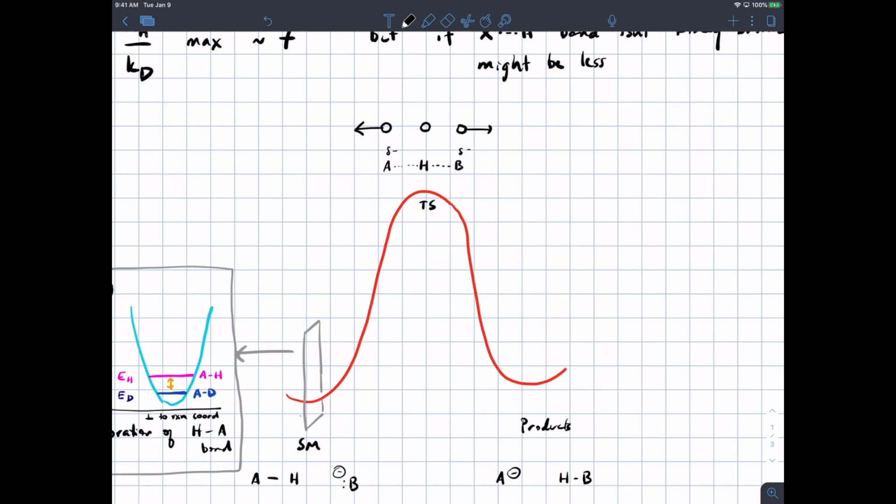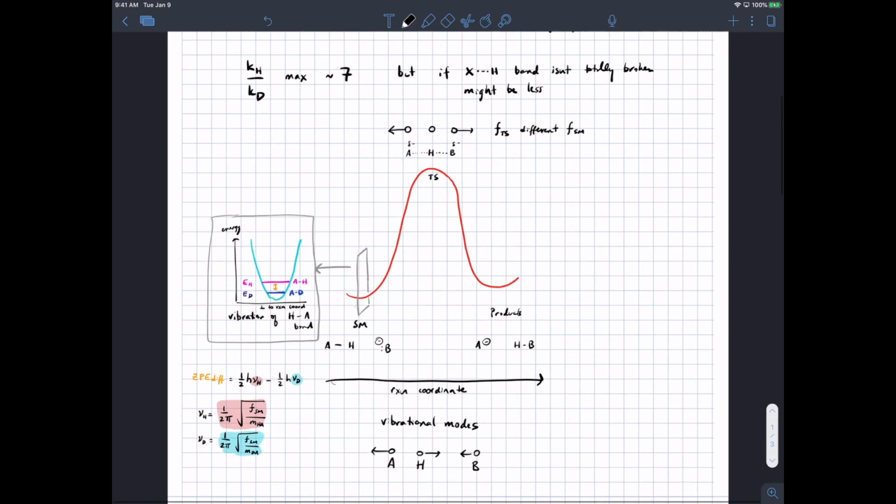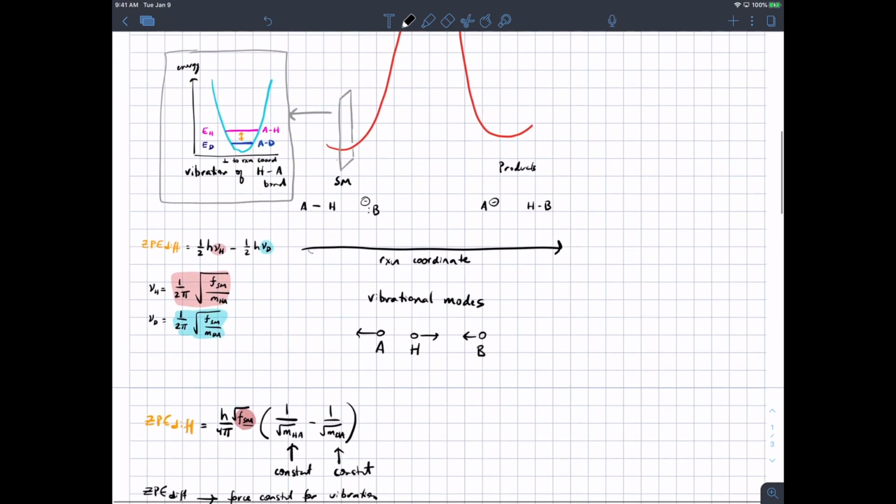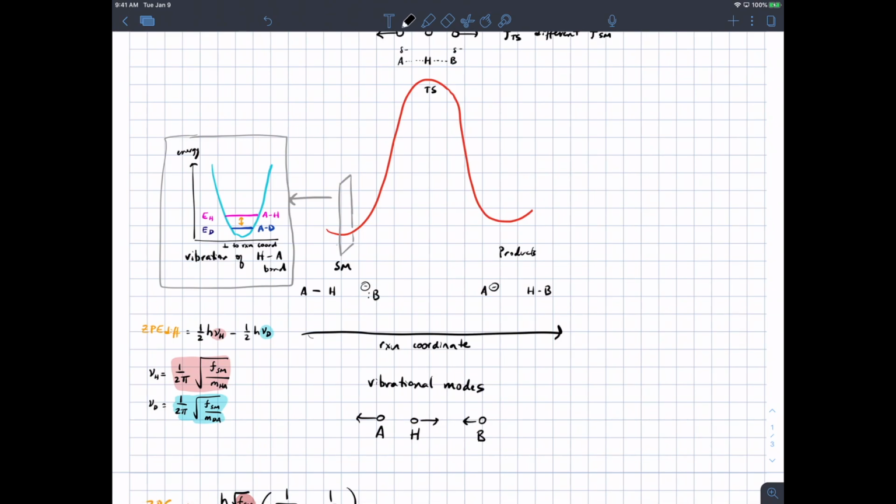Now, the force constant at the transition state is going to be different than the force constant of the starting material, because the force constant at the starting material was just the HA vibration, and now at the transition state it's A and B vibrating, and actually the proton isn't really even moving.